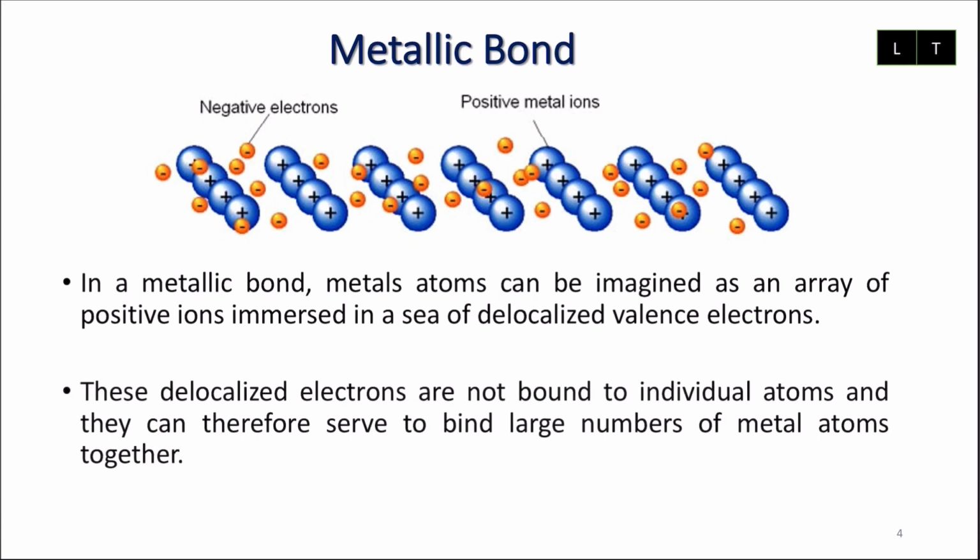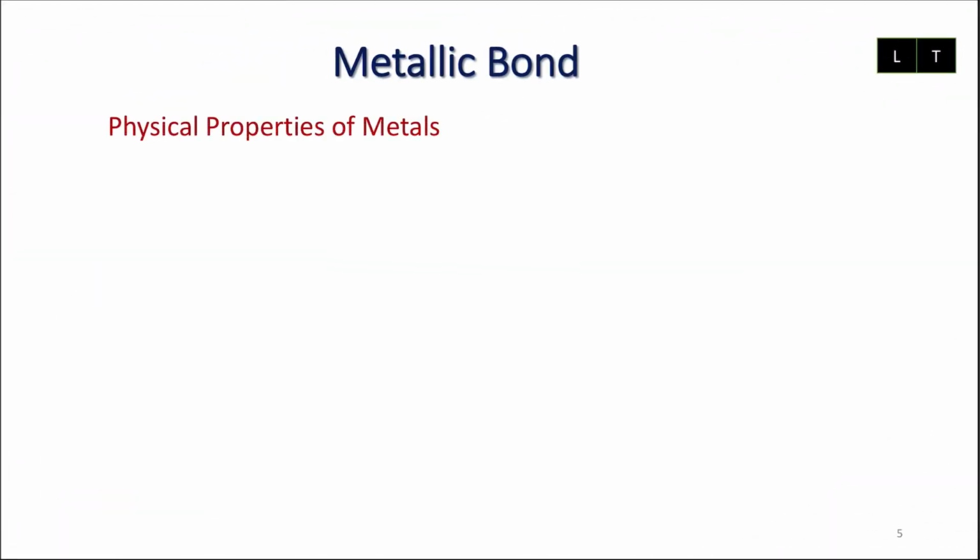So these delocalized electrons are not bound to individual atom because they can serve to bind large numbers of metal atoms together. Maknanya dia akan mengikat metal atoms dalam kuantiti yang besar supaya metal ions ni tidak akan keluar daripada barisan dia.